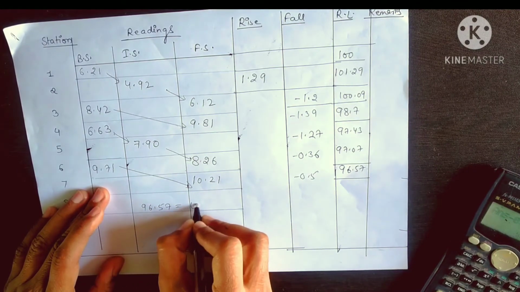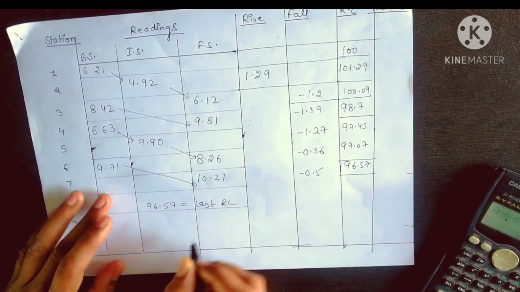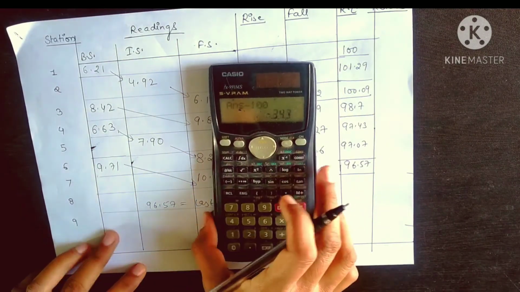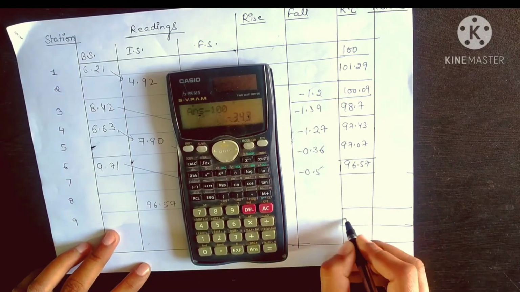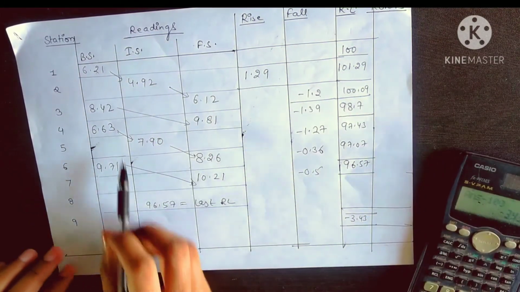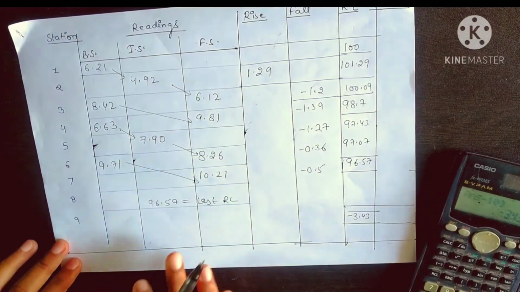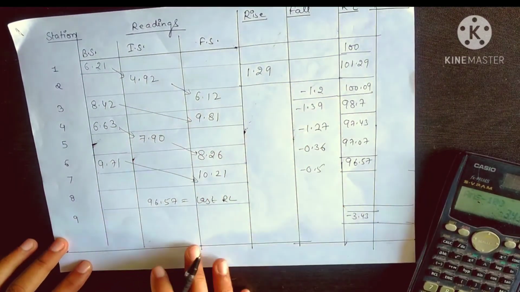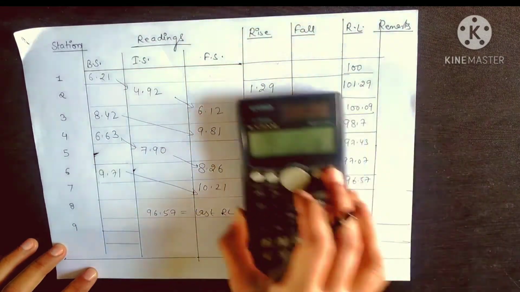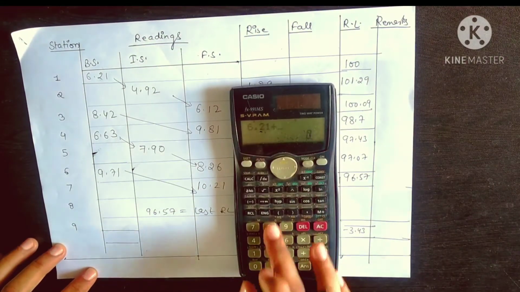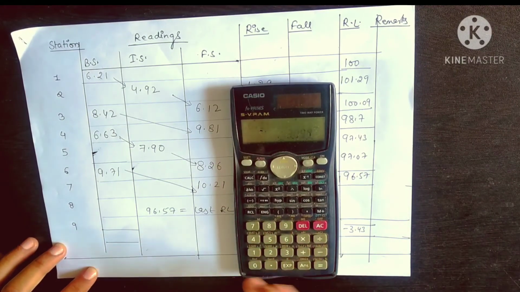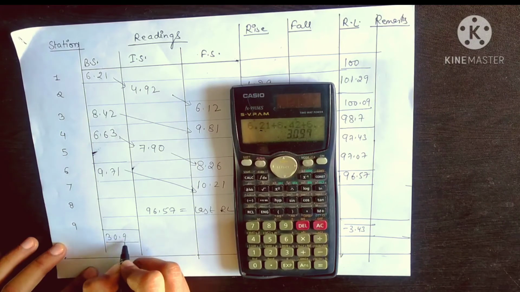96.57 is the last RL value and the first RL is 100. Last RL minus first RL will give us minus 3.43. Okay, and the summation of BS minus summation of FS, or the summation of rise minus summation of fall, we have to check. Summation of BS will be 6.21 plus 8.42 plus 6.63 plus 9.71, 30.97.